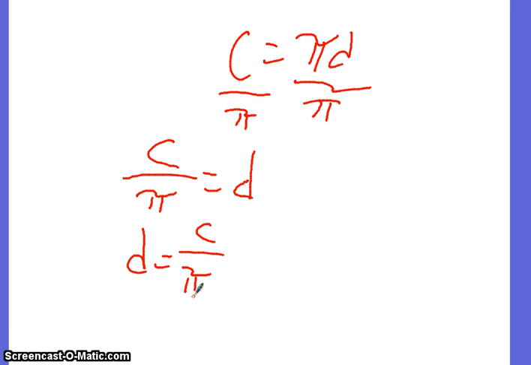If you were told the circumference of something, and you know what pi is, if you divide by pi, you get the diameter, right? Because all we're doing is playing with the formula. Okay, so here's another one.